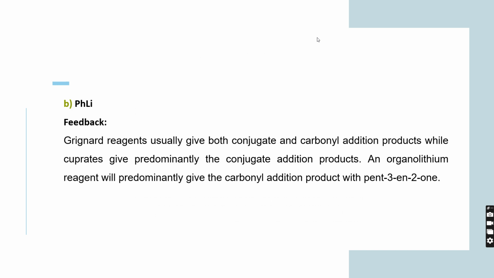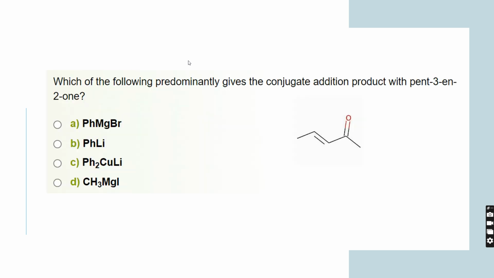So by going through that concept, we chose that organolithium compounds predominantly give 1,2 addition product. And in the next question, similar concept, organocuprates always will undergo 1,4 addition rather than 1,2 addition.